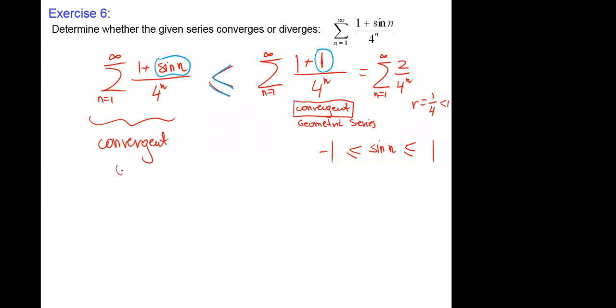Convergent by direct comparison test, and it's again really important to say 2/4 to the n. If this were like, I don't know, 0.1, it will not work. It must be exactly that formula.